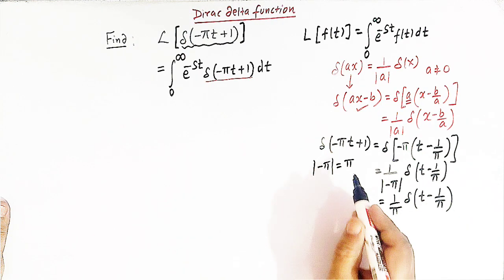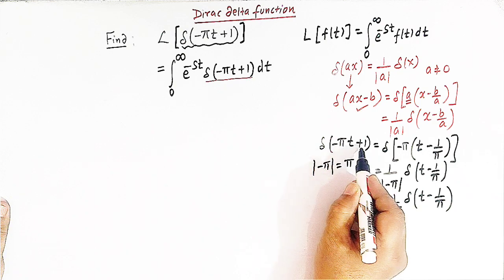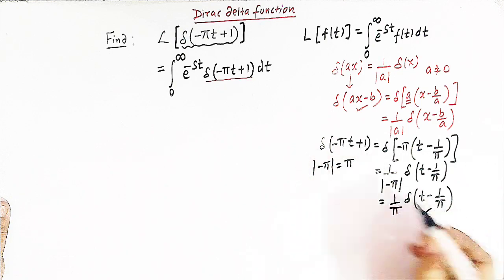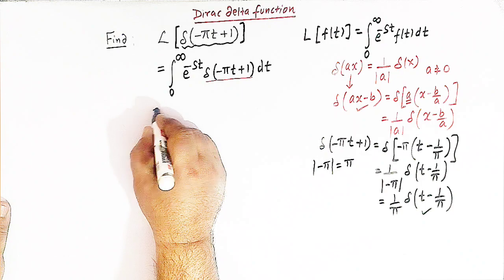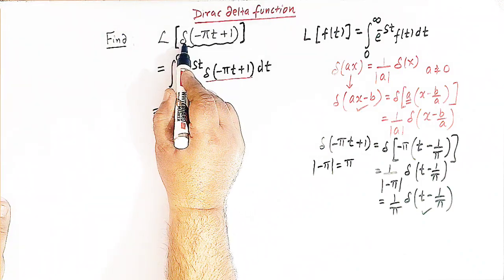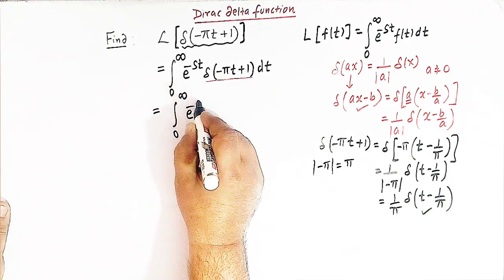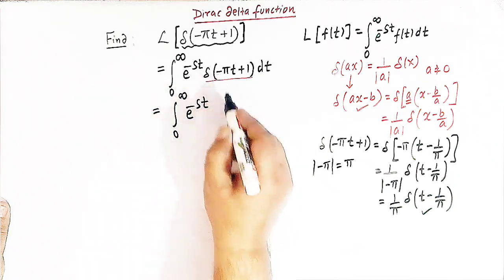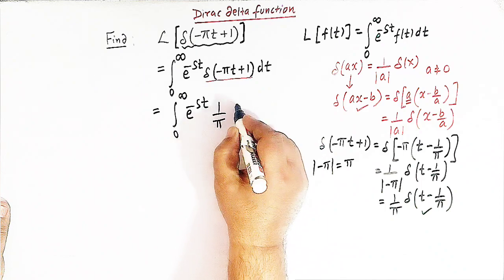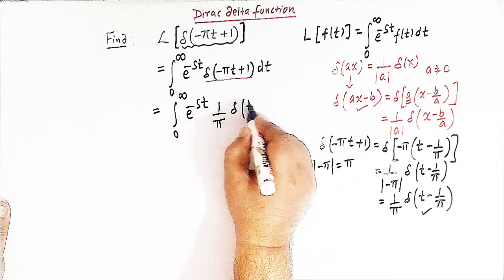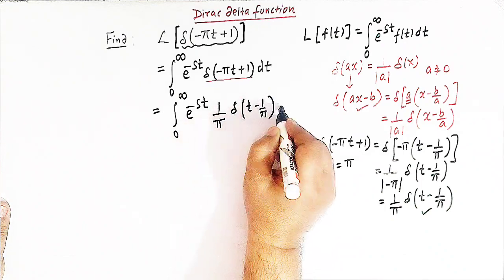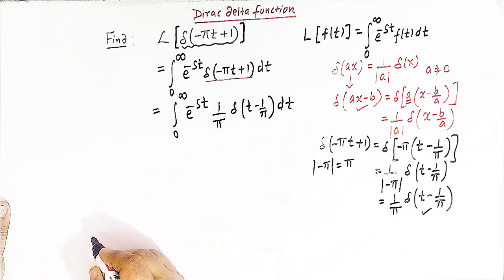Now replacing delta of minus pi t plus 1 by this expression, the Laplace transform of the delta function is given by 0 to infinity e raised to minus st, 1 over pi, and delta of t minus 1 over pi, dt.